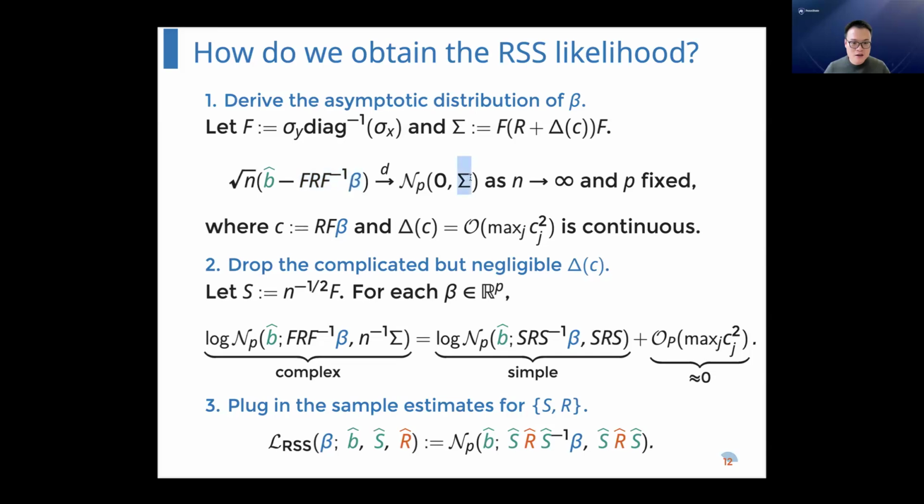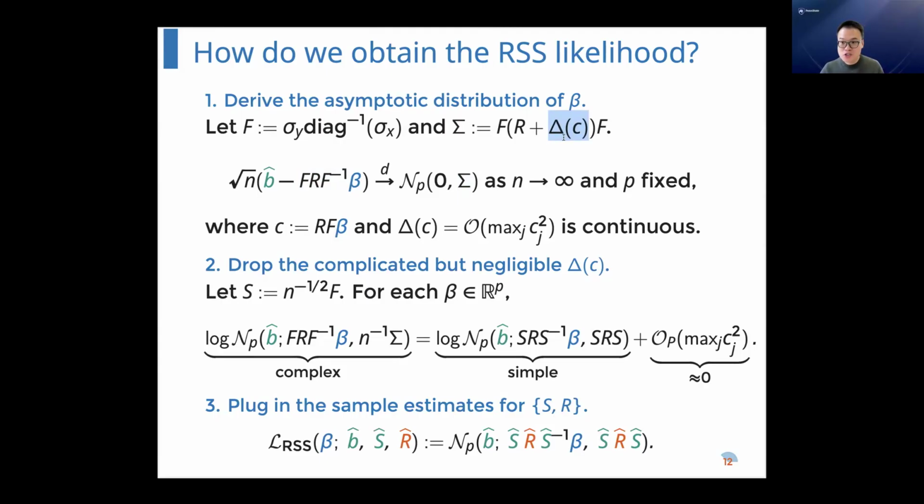However, the asymptotic variance is very complicated because of this delta C term. It's so complicated that I don't even want to put it here because it would take an entire slide just to show the actual form of delta C, where C indicates the marginal correlation between each SNP and the phenotype itself. If this were just any arbitrary statistical model, then it would be very hard to proceed.